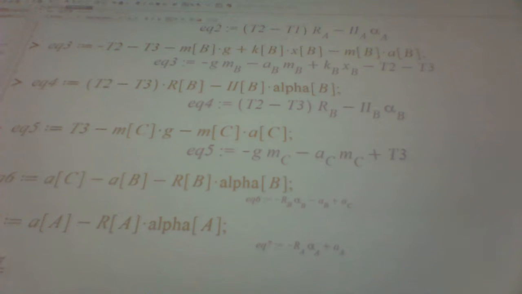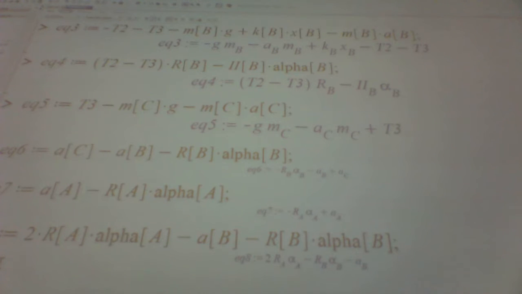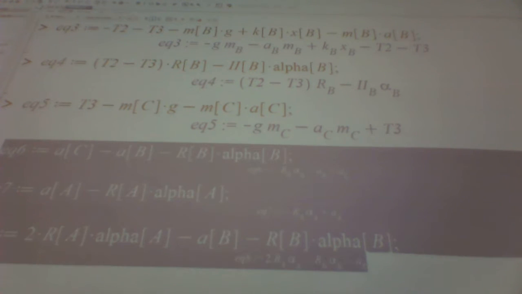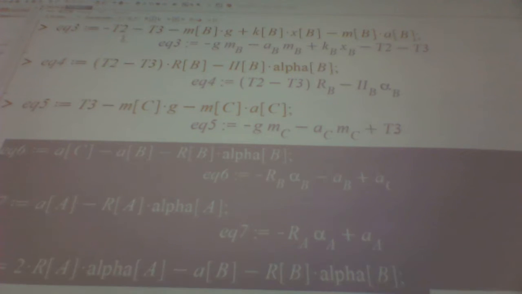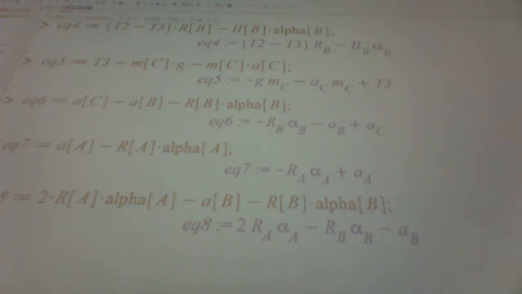Okay, and equation 8 is 2 times R_A times alpha_A minus a_B minus R_B times alpha_B. I don't know if I made any typo or anything, but hope you check. Looks okay? Yeah. Alright, so now we go to solve, but this is not going to look pretty.